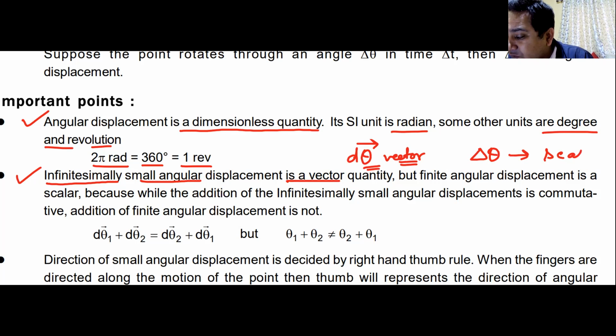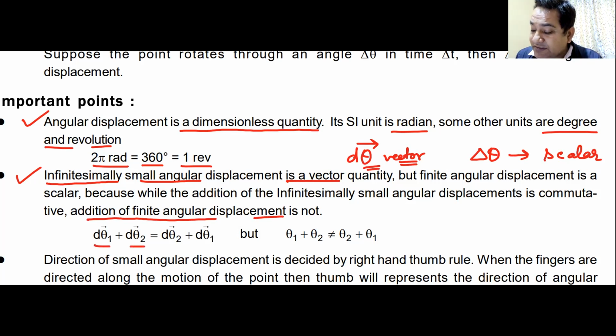And why is it that so? It is a scalar as well as a vector. Because if it is a vector, it must obey addition law. It does not obey addition law. Theta 1 plus theta 2 is not equal to theta 2 plus theta 1.